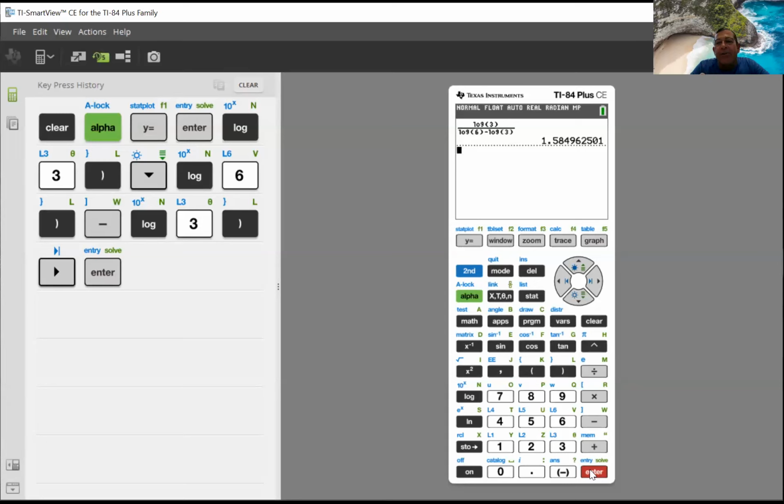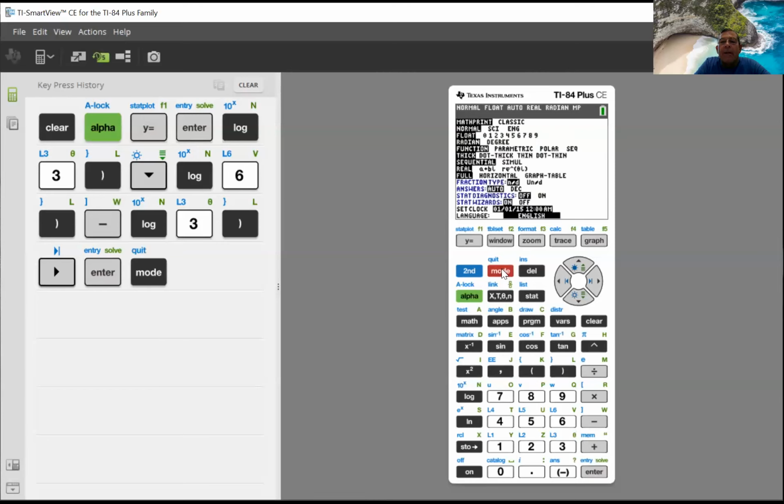But y'all, let me show y'all a trick. If you're weak at rounding off 4 decimal places, watch what I do. You see this mode button right here? I'm going to hit mode. And I'm going to arrow down to where it says float. Float, that does the decimal places. So I had to do 4 decimal places.